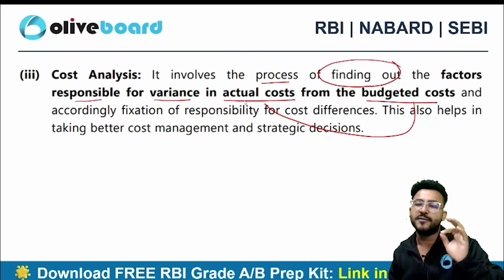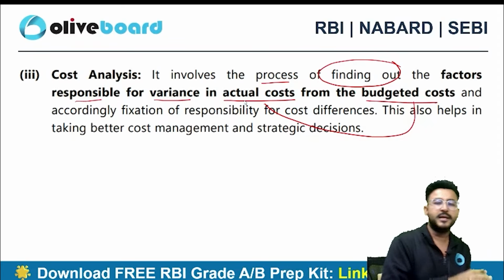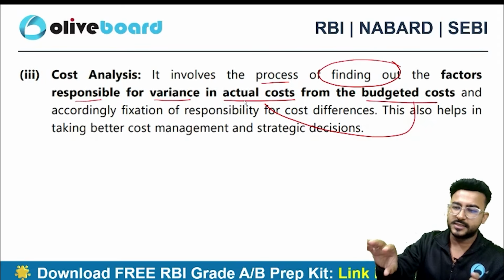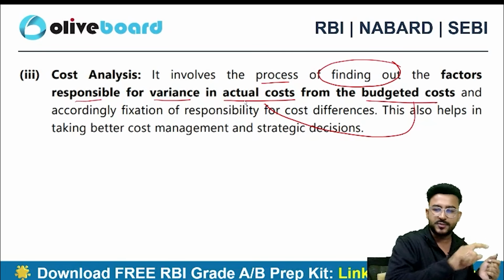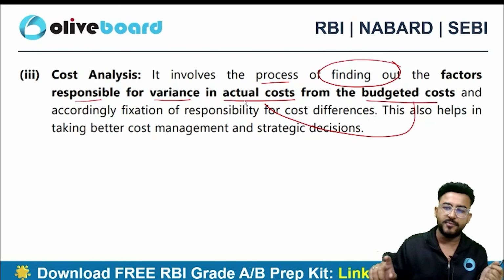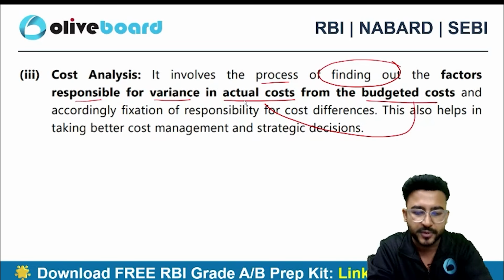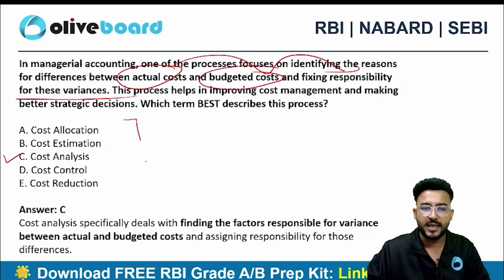A direct question from the definition, and I have seen for the past 2 years they directly pick words from the definition and ask the question, right? So that's why there is a need for reading line by line. Because this is a very simple question, but in the examination you can select any other option as well.